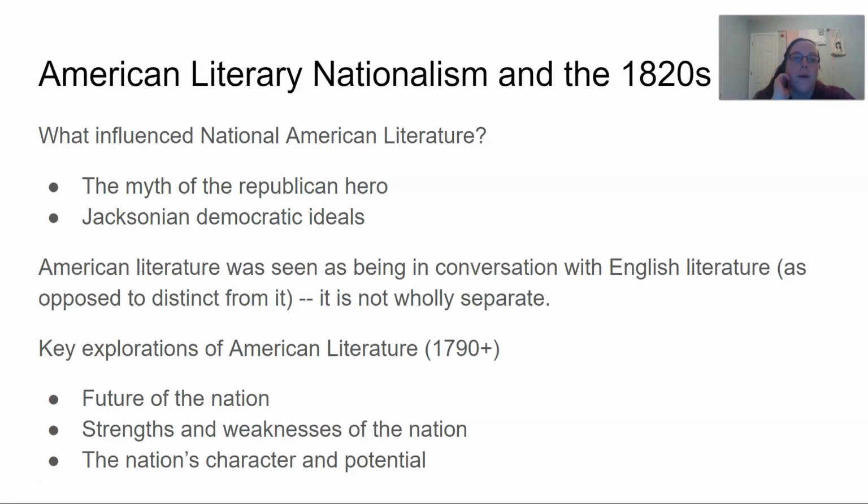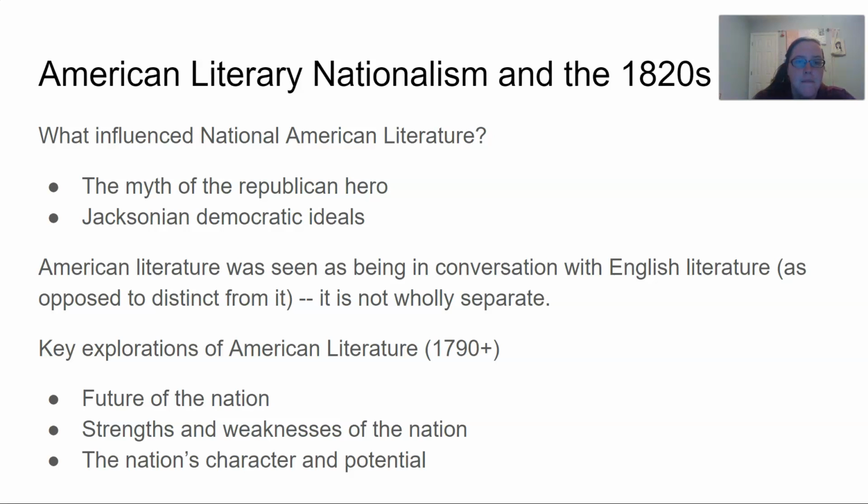Okay, another section of our textbook is American literary nationalism in the 1820s. What has influenced national American lit is two ideas. One is the myth of the Republican hero. I don't think our textbook means Republican in the sense that we think of it today, like Republican and Democrat, although we see both of those words here in what has influenced American lit.